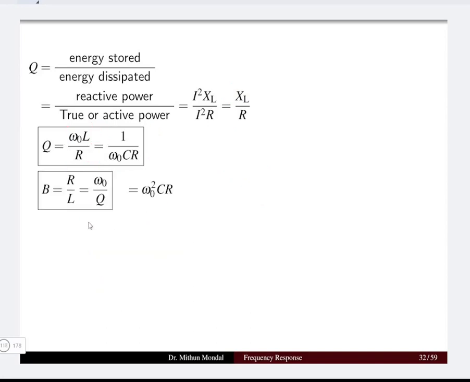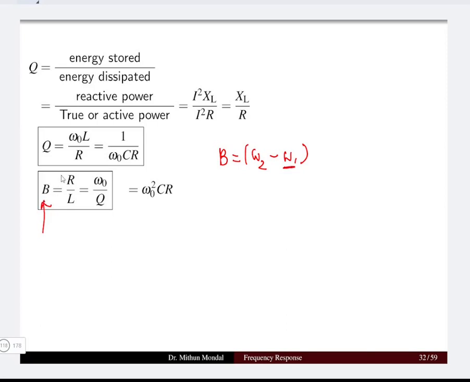Either we can go from the inductive reactance side, or we can go from the capacitive reactance side. And the bandwidth, which we have defined as omega 2 minus omega 1, is the half power frequency on the right-hand side of omega naught, the resonance frequency, minus the left-hand side cutoff frequency omega 1.